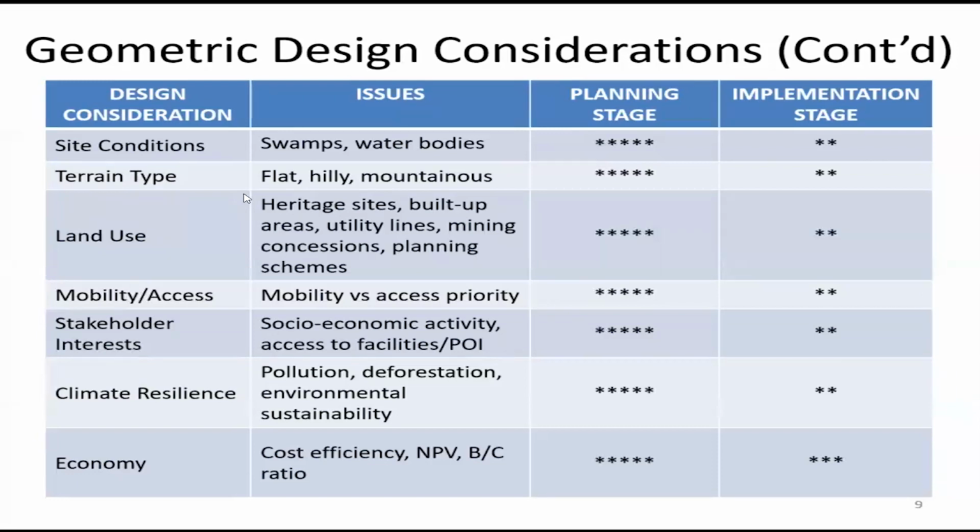For terrain type, we said that any given terrain type informs the selection of design speed, and it also informs earthwork volume. So at the implementation stage, for proper cost management, it will be useful to keep looking at the terrain type vis-a-vis the design speed.